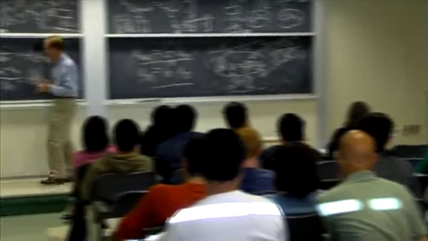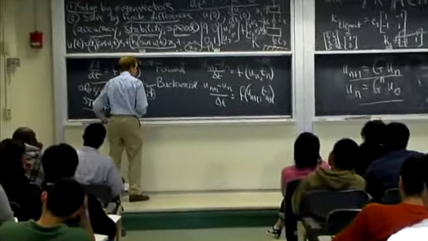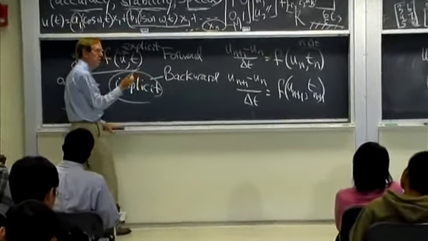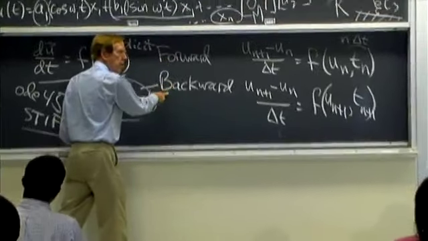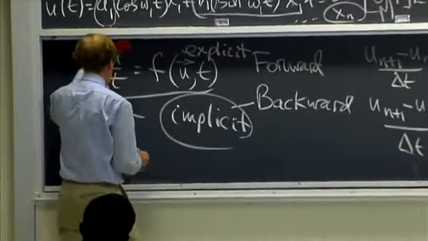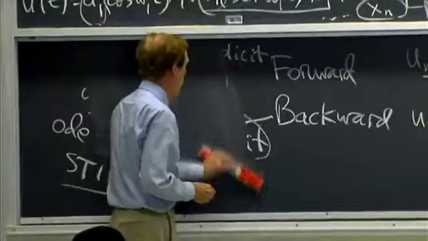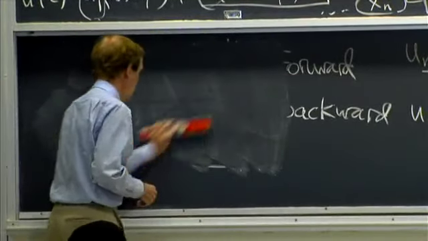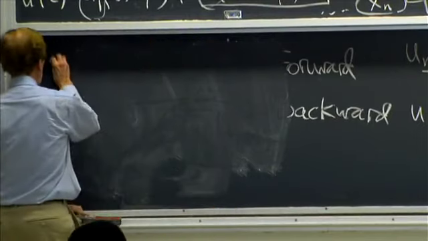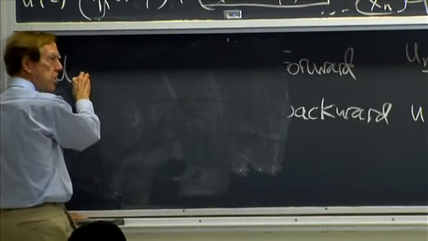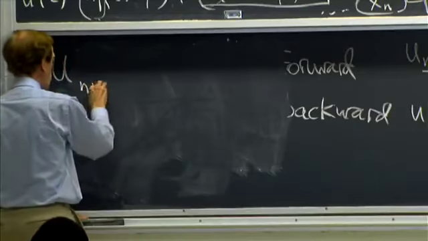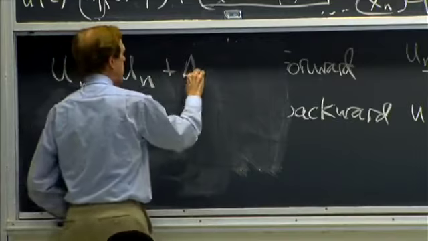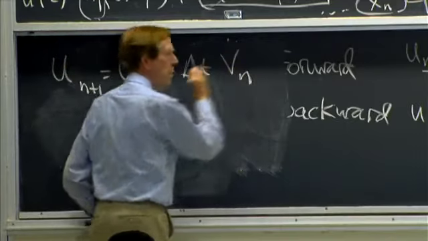Okay, let's close with that example, because that's a good example. It fits this, but not quite, because it wasn't completely forward or completely backward. Let's just write down what it was in that model problem and find the matrix. Can you remind me what I wrote today? Was it U first? Un plus 1 was Un plus delta t Vn, right?